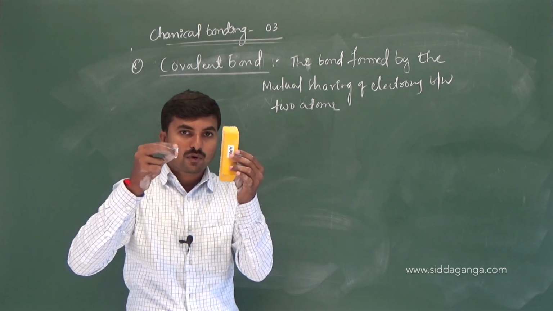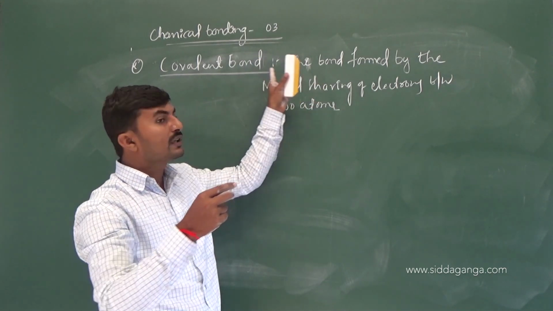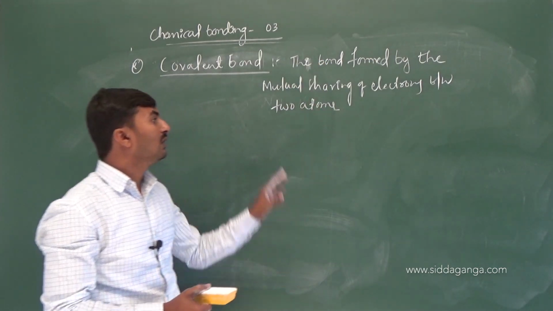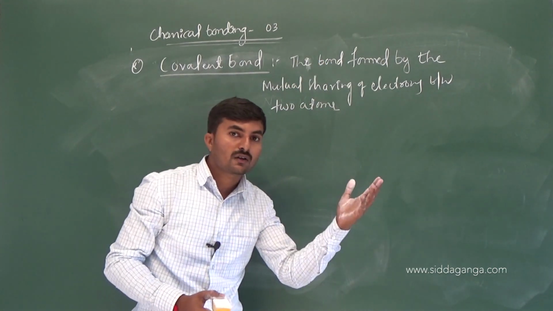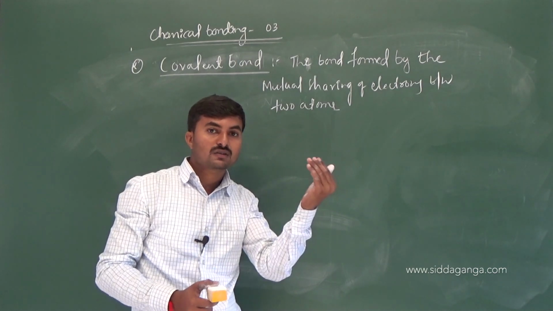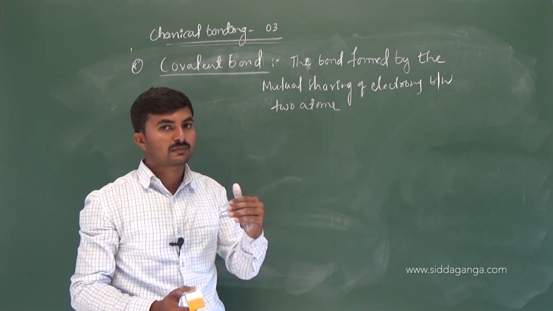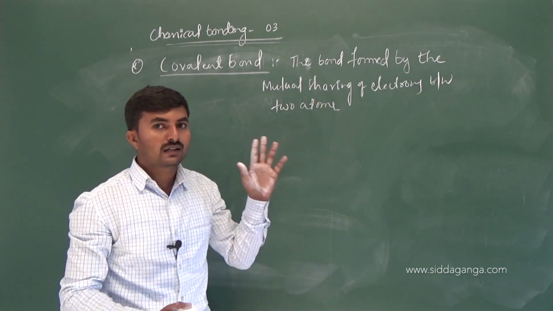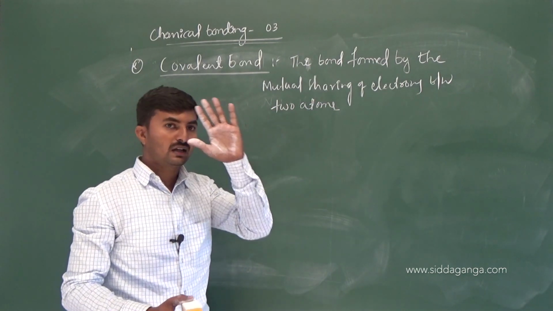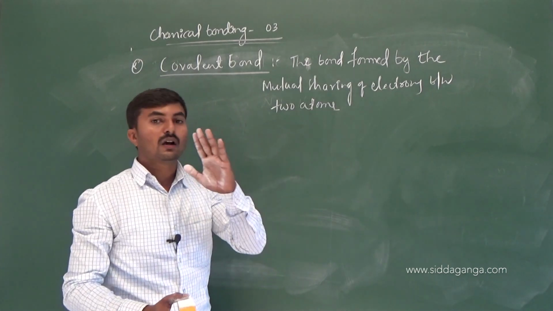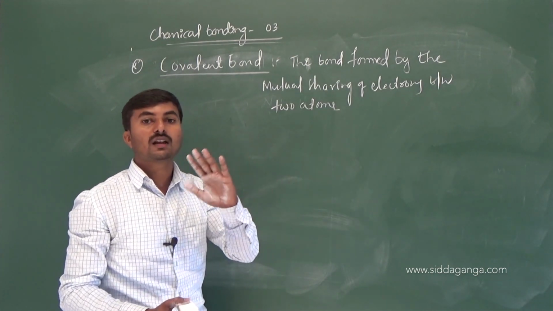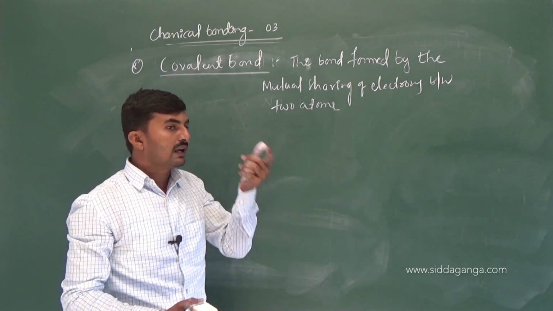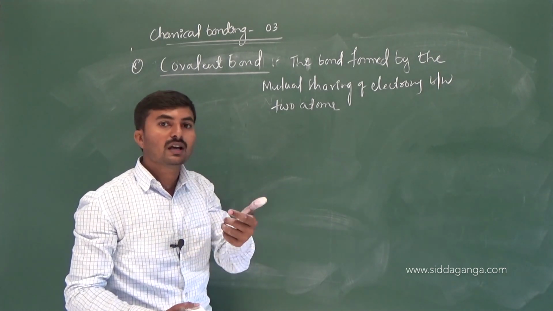The resulting bond is nothing but a covalent bond. Here in this bond there is no transfer of electrons, no loss of electrons, and no gain of electrons. Instead, the mutual sharing of electrons takes place. Here no electrons are transferred, and no electrons are lost or gained. Instead the electrons are shared between the atoms.